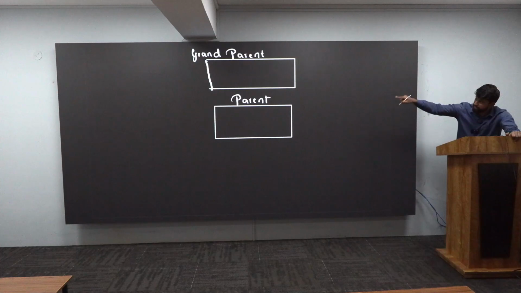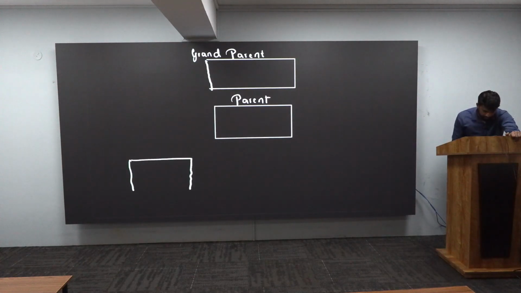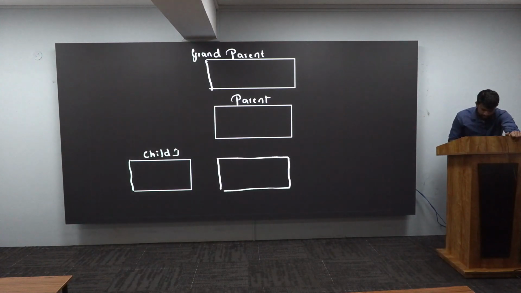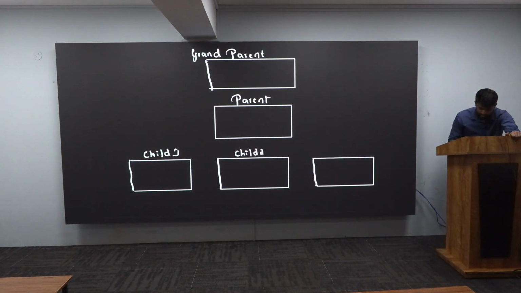That is grandparent, this is parent. Outstanding. Now, you have this. Who is he, sir? Child 1. You have another class. This is child 2. There is another class, child 3.